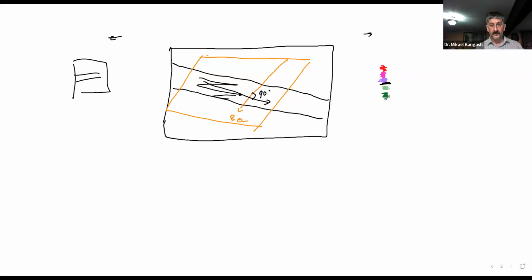Oh, sorry, a zero Doppler shift. Why? Because now the angle is 90 degrees.